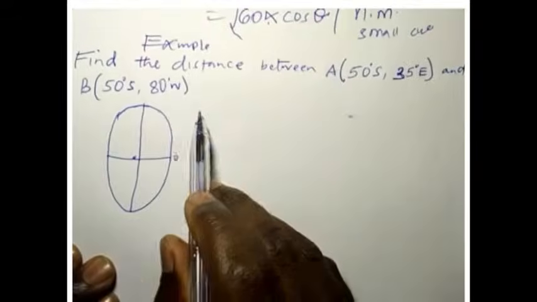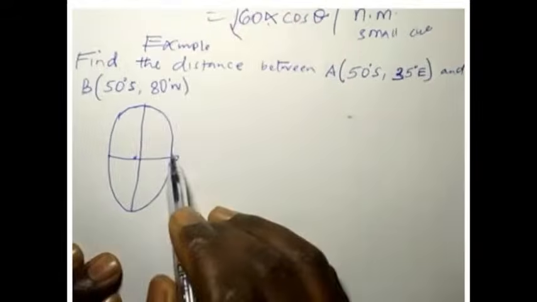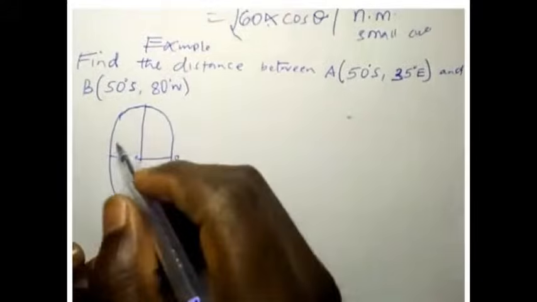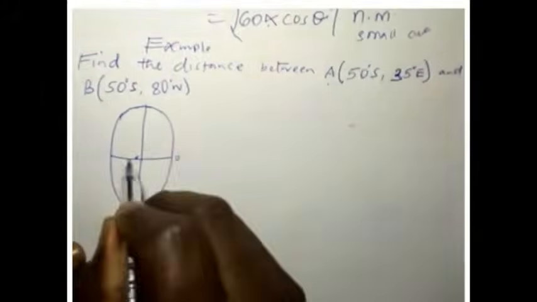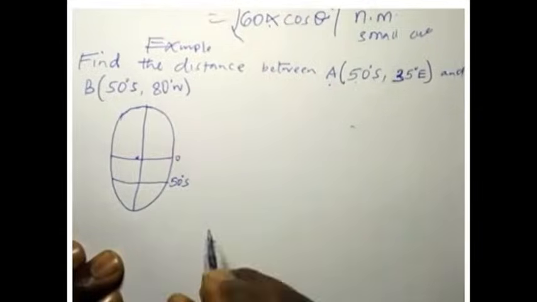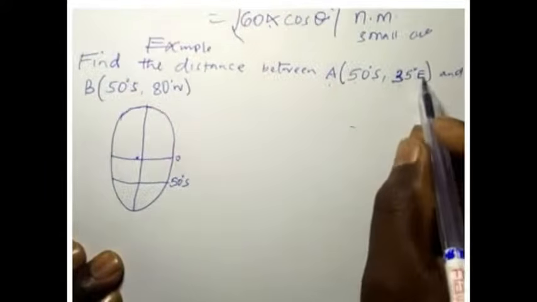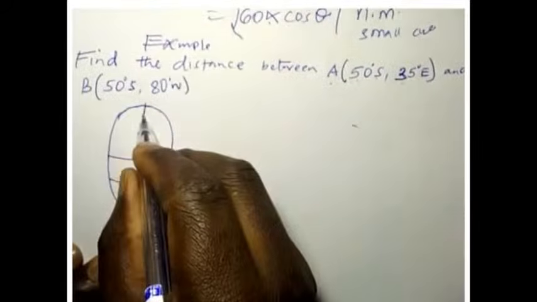Points on the globe. It is important you sketch. A is 50 south. This is the latitude, so it is below the equator, and then 35 degrees east, this is the longitude. The longitude we count from the prime meridian.